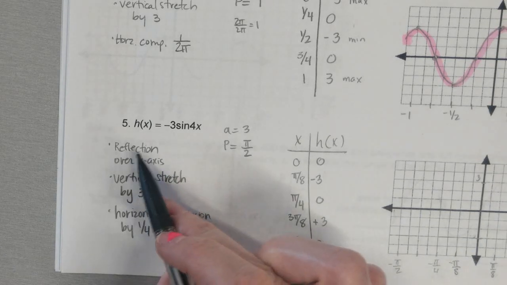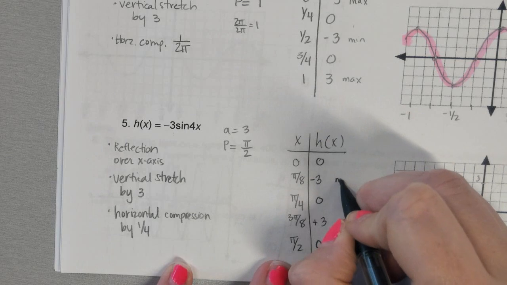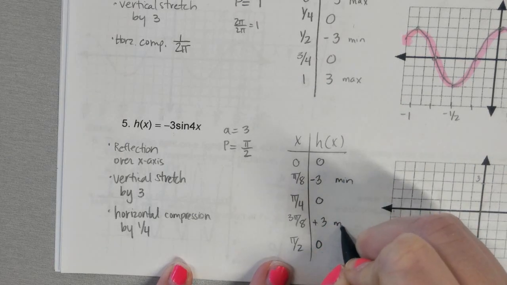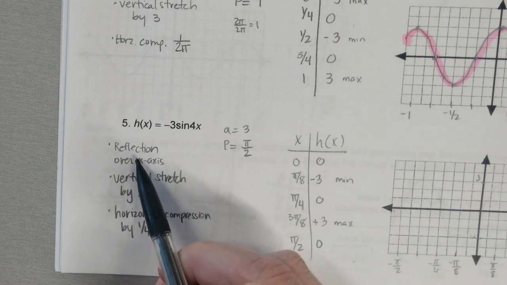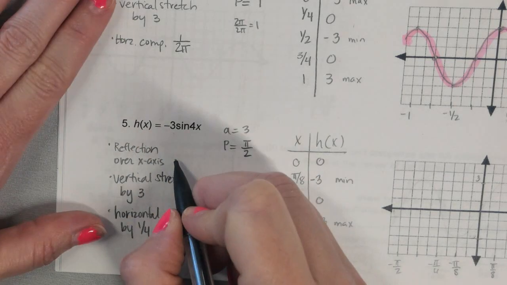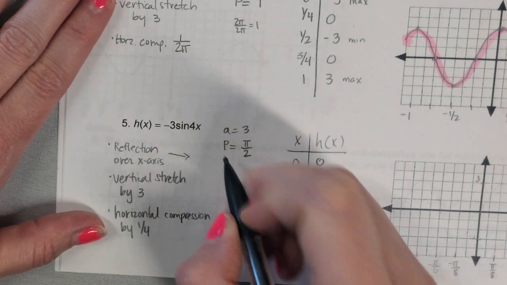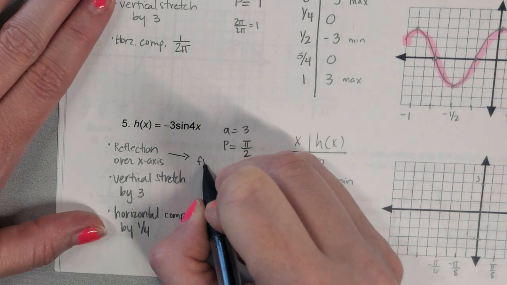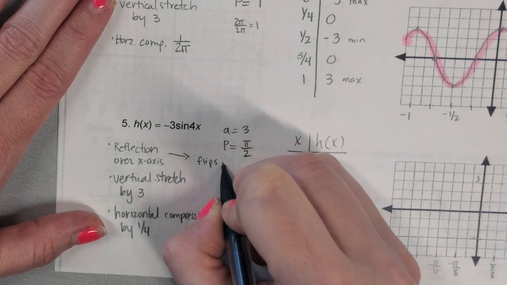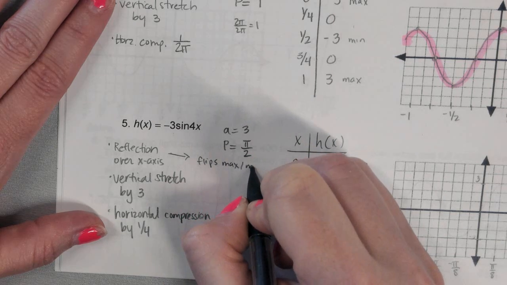And then because you have the reflection, you're going to go to the min and then the max. And it's only because of this reflection. So the reflection flips the order of the max and the min.